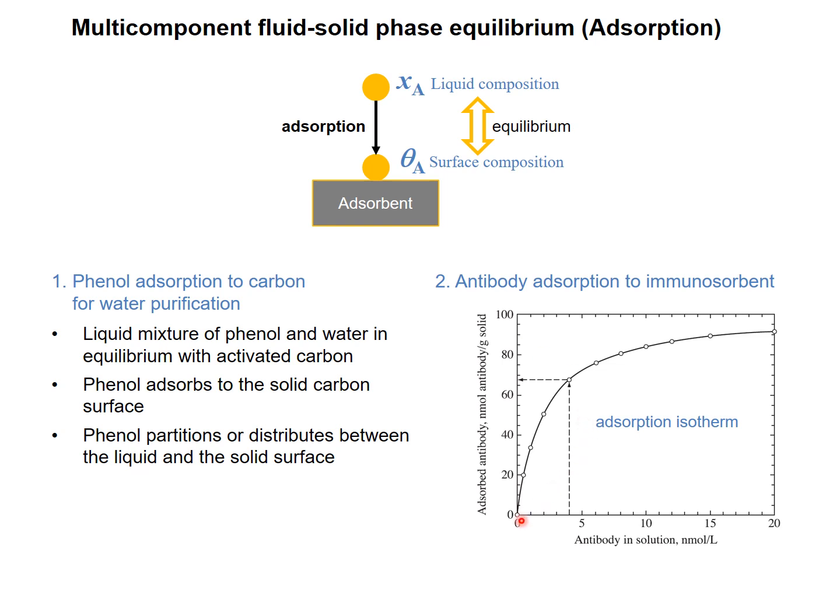So at the very first, as the concentration of antibody in solution increases, the amount of antibody adsorbed onto the surface of the immunosorbent would increase. However, at very high concentration in solution, the adsorbed amount of antibody is saturated. That is the so-called adsorption isotherm.